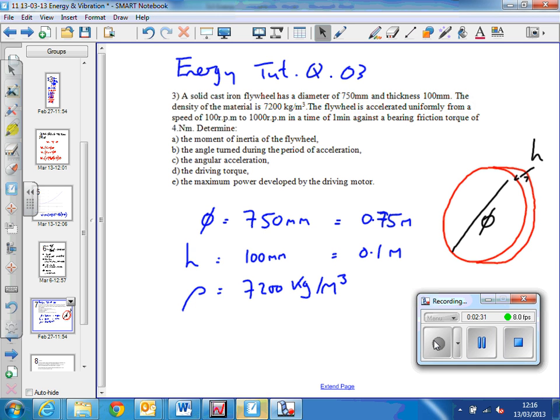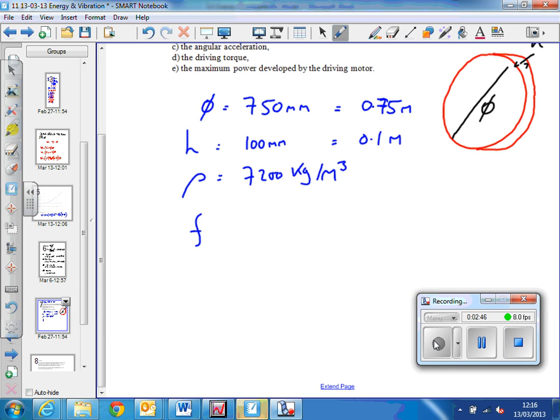We're also given, so we've got the diameter, the thickness, the density. It's accelerating uniformly from a speed of 100 RPM. So again, we're not actually given the speed, we're given the frequency, 100 RPM. So that needs to be divided by 60, hertz, or 10 over 6 hertz.